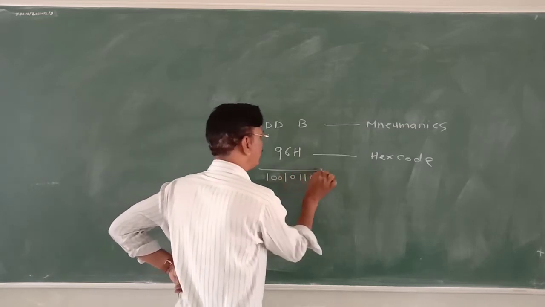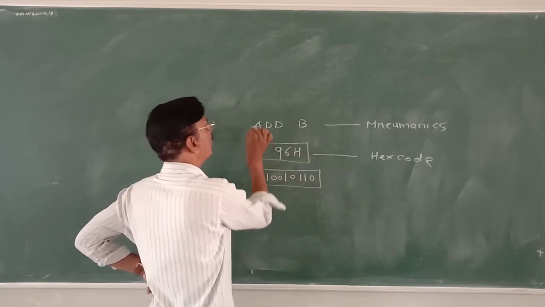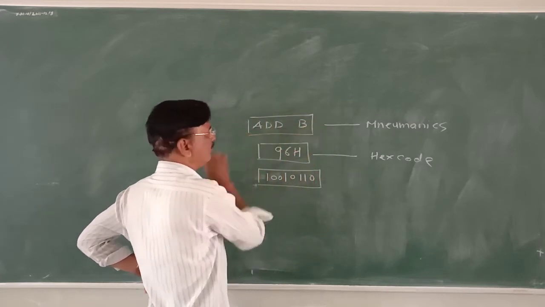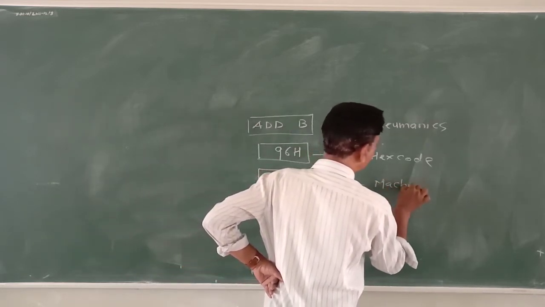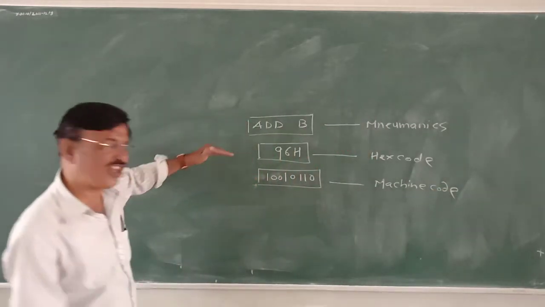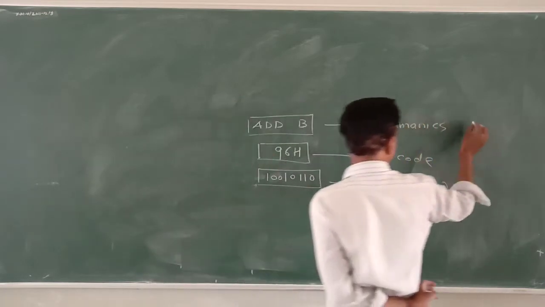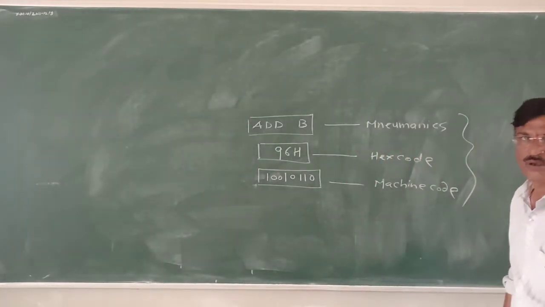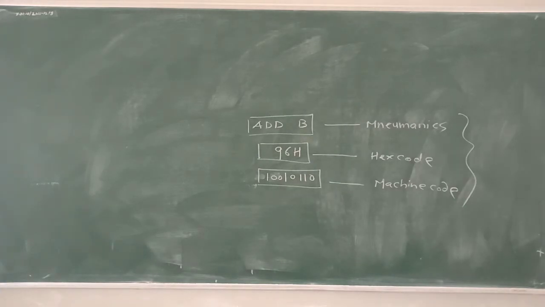Look at this. This is also an instruction. This is machine code. All these are the same instruction. Look at this: three patterns, three styles of writing the instruction.